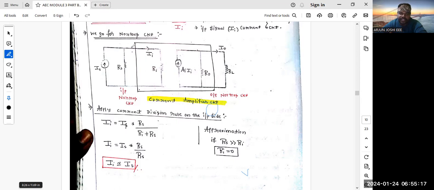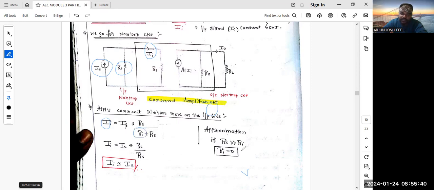Apply the current divider rule on the input side. How to apply the current divider rule? I want II here. II on the LHS is equal to the total current, same as Thevenin's theorem, but here we need to take the opposite resistance: RS divided by RS plus RI. Here, what is the single term? RI.